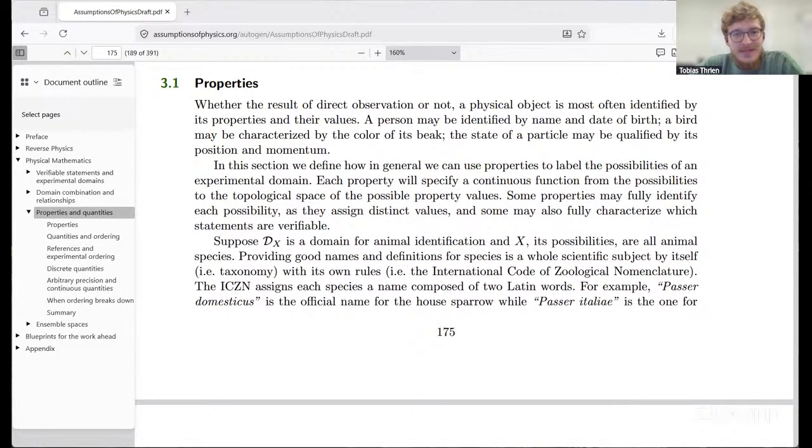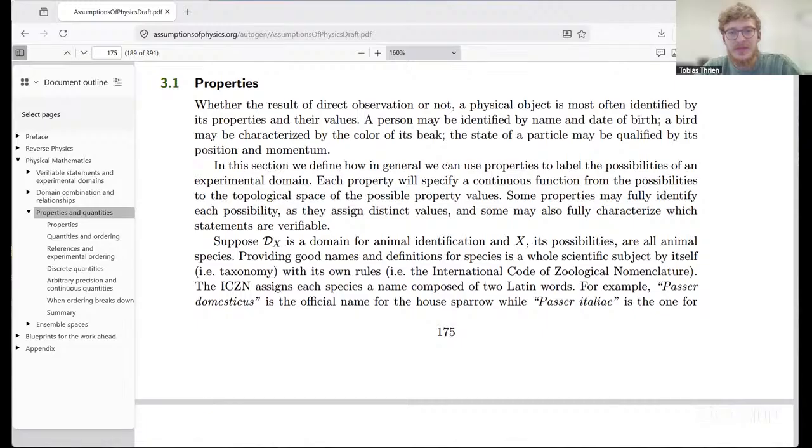Properties. Whether the result of direct observation or not, a physical object is most often identified by its properties and their values. A person may be identified by a name and date of birth. A bird may be characterized by the color of its beak. The state of a particle may be qualified by its position and momentum. In this section, we define how in general we can use properties to label the possibilities of an experimental domain.